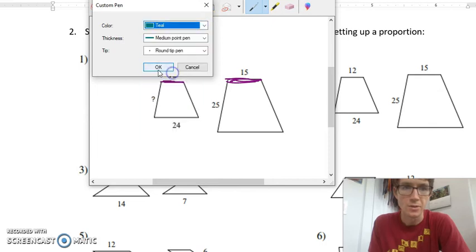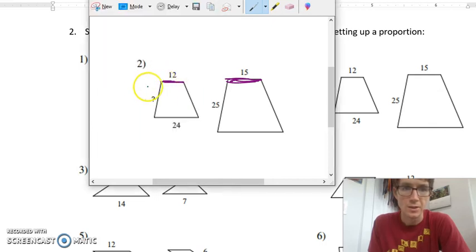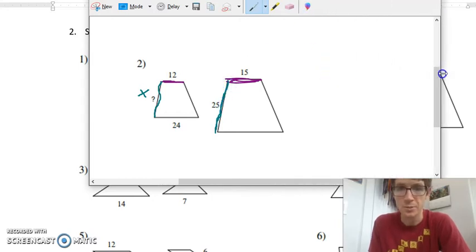We'll use the blue. I'll call it x. This side is corresponding to this side. X is corresponding to 25. So now we just have to set up our proportion.